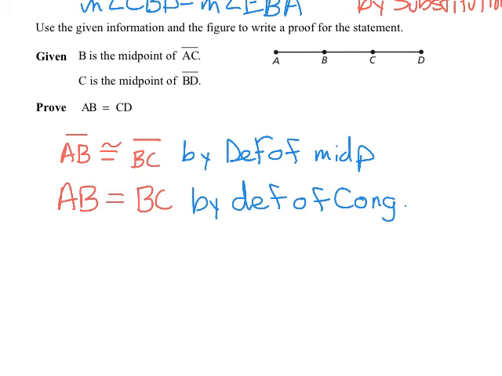We can do the same thing with our second given statement. Our second given statement is that C is the midpoint of BD. So then we would say segment BC is congruent to segment CD. And then again, by the definition of midpoint.